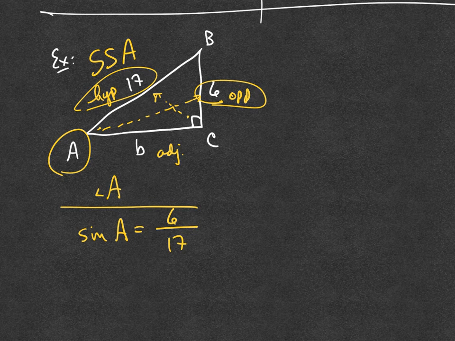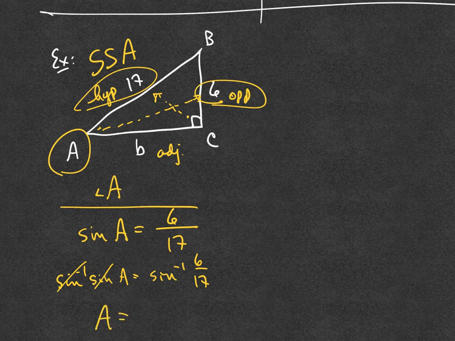So just as we had on our previous problems, what we're really doing is asking, find the angle whose sine value is 6/17. And so what we're going to do technically is take the inverse sine of both sides. So on the left-hand side, the inverse sine and the sine cancel. And on the right-hand side, we have the inverse sine of 6/17. And our calculator does that. Inverse sine of 6/17 equals, and what we get is approximately 20.7 degrees. So we have our angle A.